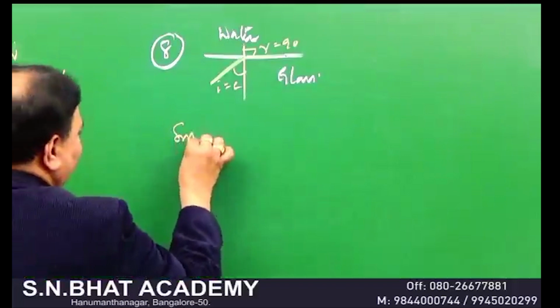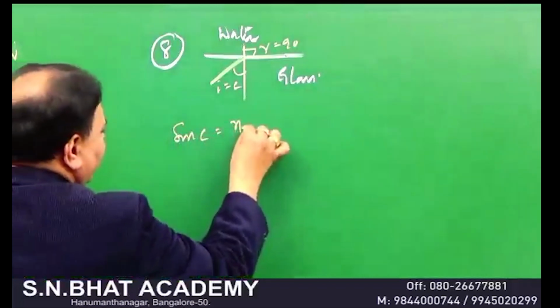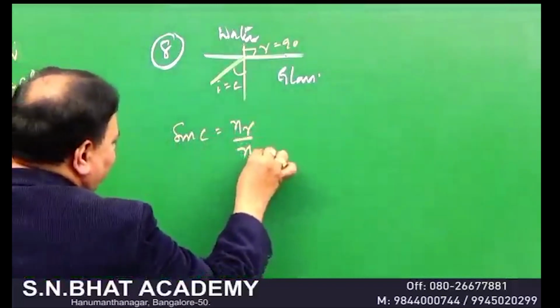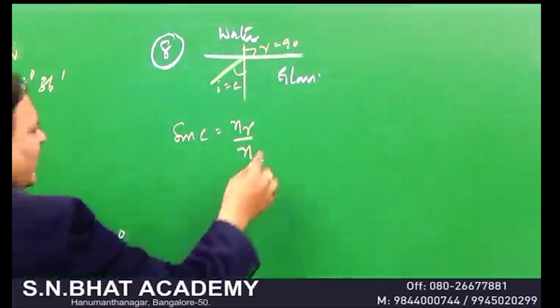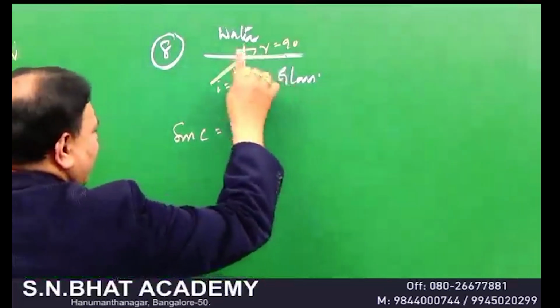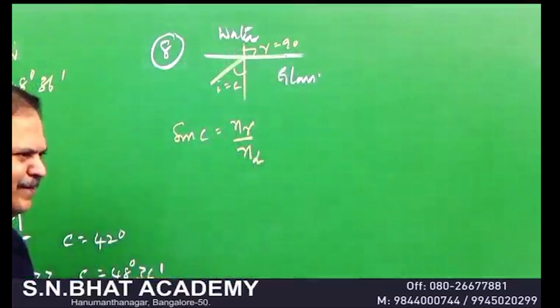Remember, your formula for the critical angle is the refractive index of the rarer medium by the refractive index of the denser medium. This is a generalized formula, you remember. Here, glass is optically denser and water is optically rarer.